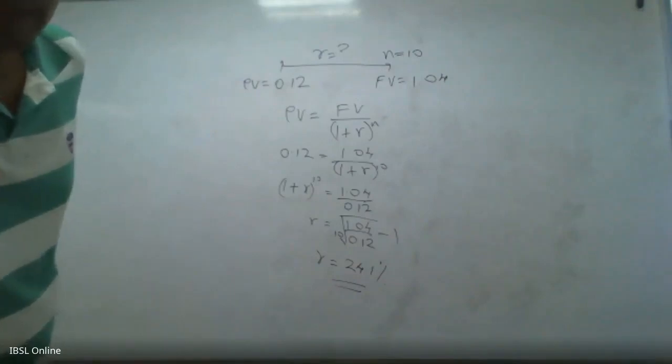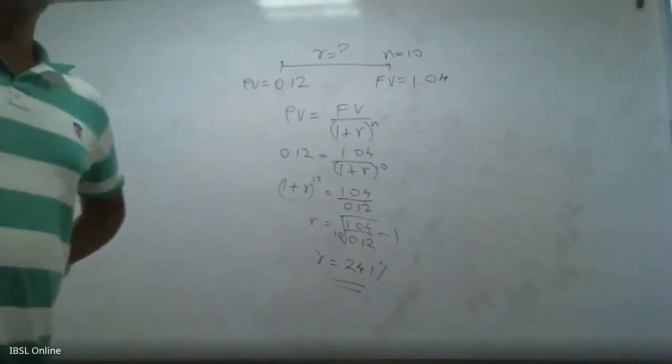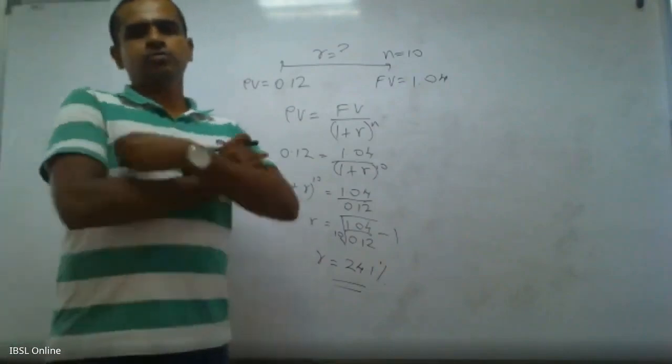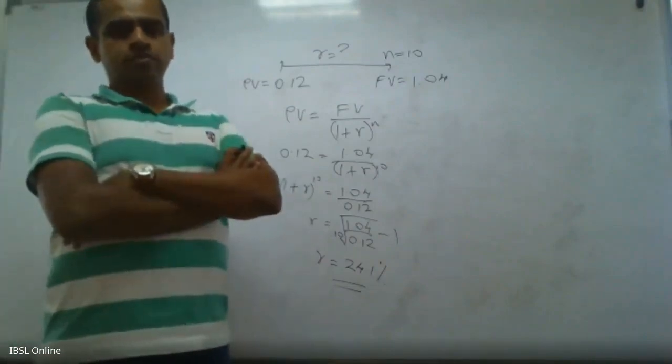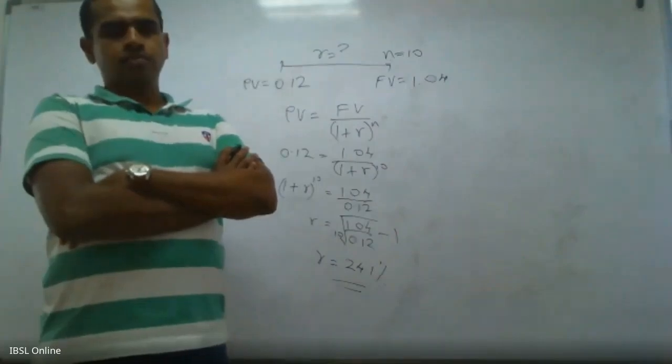And question number 3. Microsoft's 2004 earnings was 1.04 and the growth rate during the prior 10 years was 24.1%.